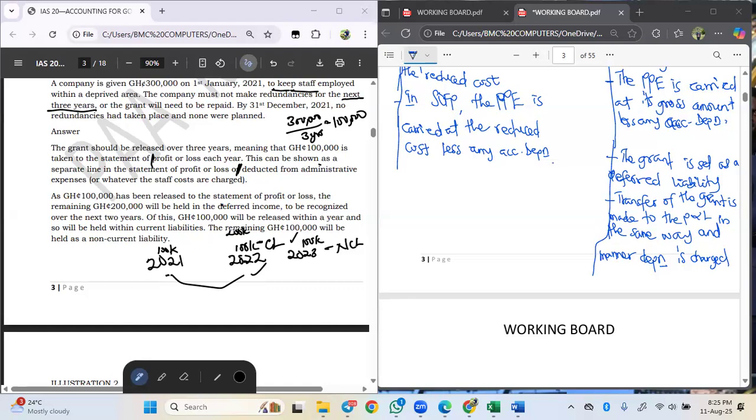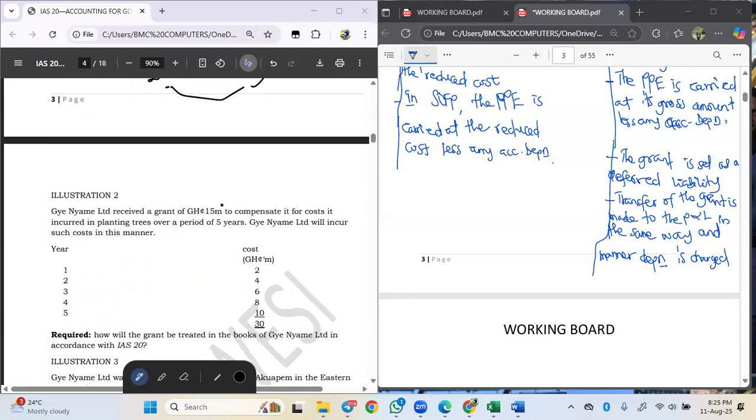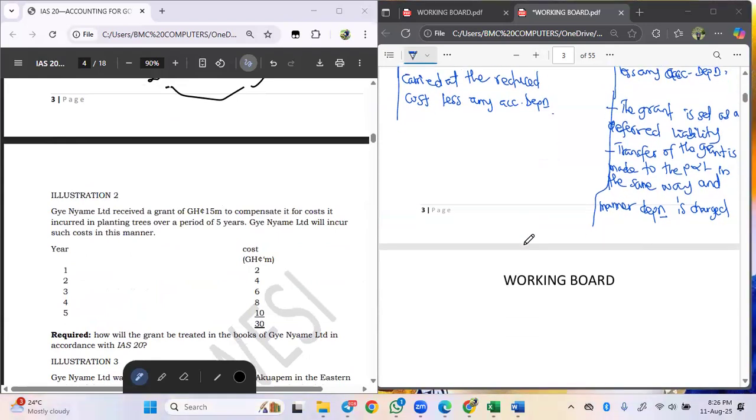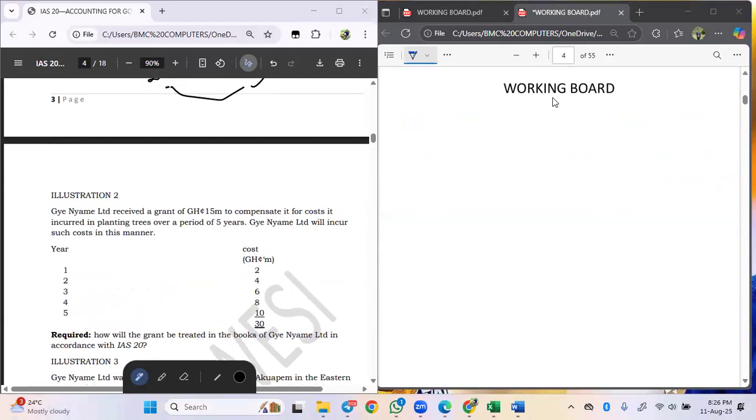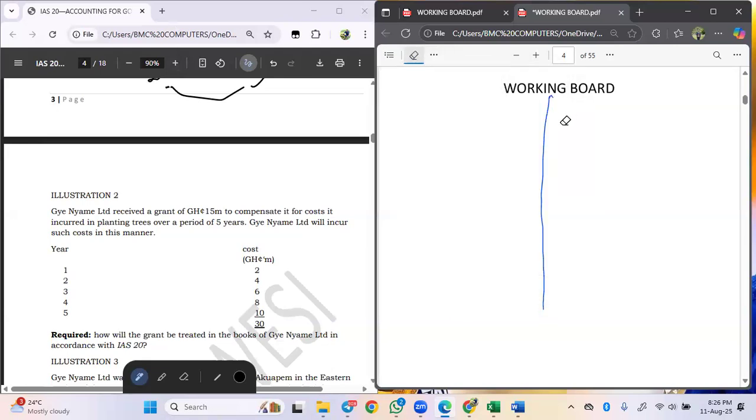Okay. So please read the illustration 2. Okay, illustration 2. Jinyame Limited received a grant of 50 million cedis to compensate it for costs it incurred in planting trees over a period of 5 years.